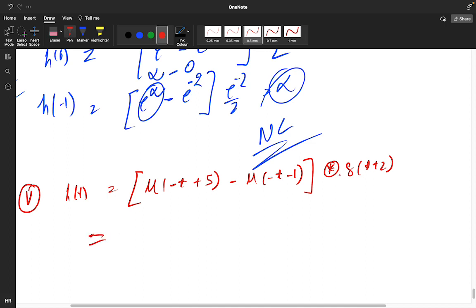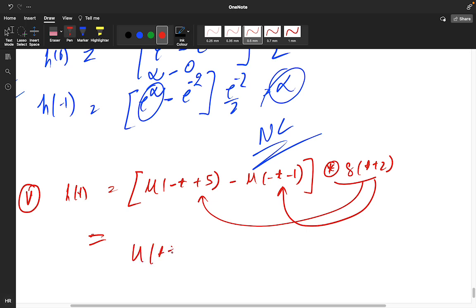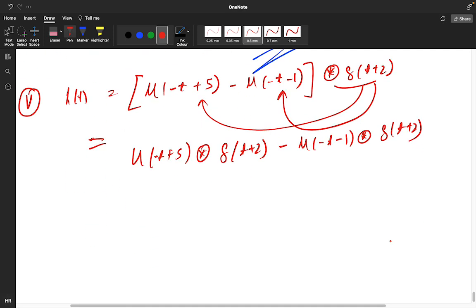By the associative property, this gets convolved here, and this also gets convolved here. So we can write: u of minus t plus 5 convolution delta t plus 2, minus u of minus t minus 1 convolution with delta t plus 2.